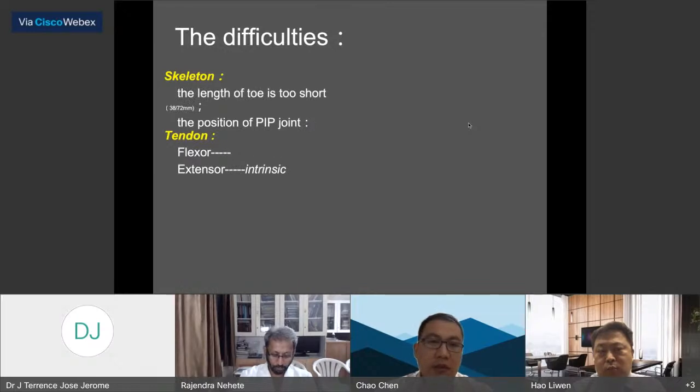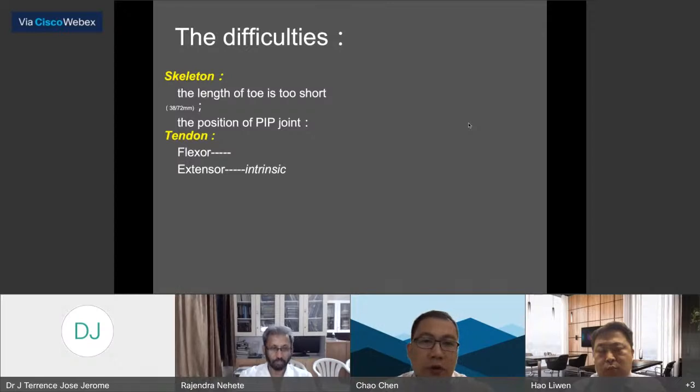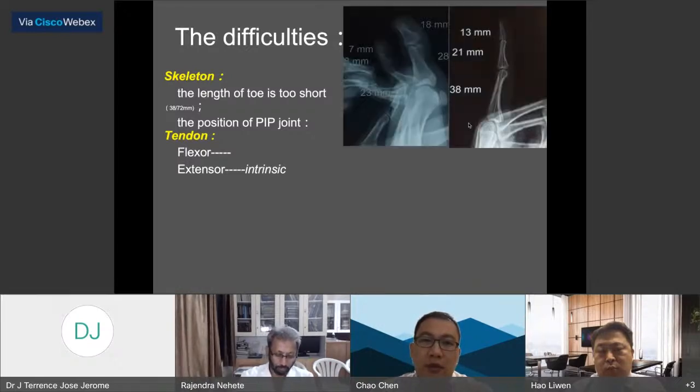First, for the skeleton, the length of the toe is too short, and the position of the PIP joint is not at the normal level. This is the same patient. The length of the second toe is 38 millimeters, but the index finger is 72 millimeters.